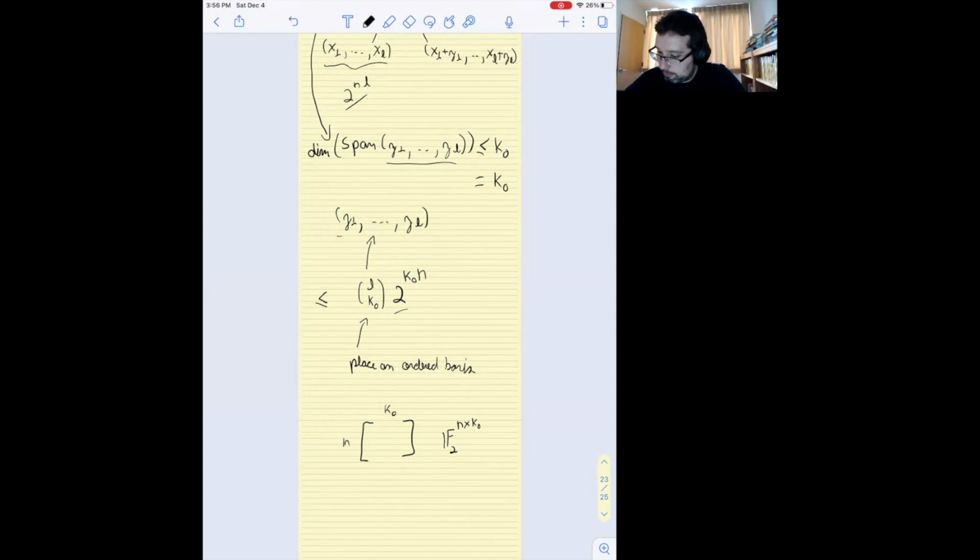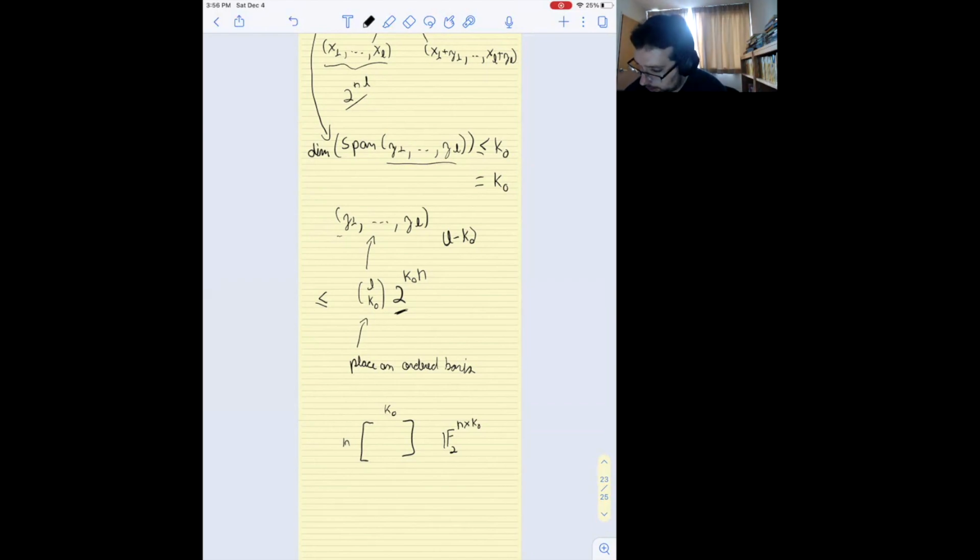And very good. But we are left with L minus K0 positions that we haven't said how to fill. But if you want to keep the dimension at most K0, they need to be in the span, in this K0 dimensional space. Or otherwise it would increase the dimension.